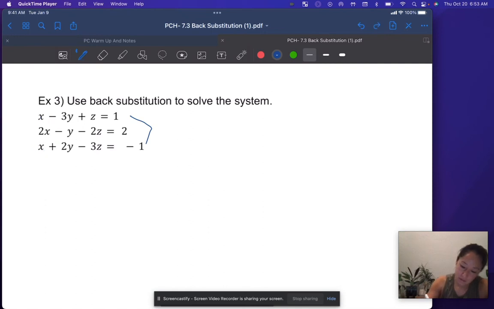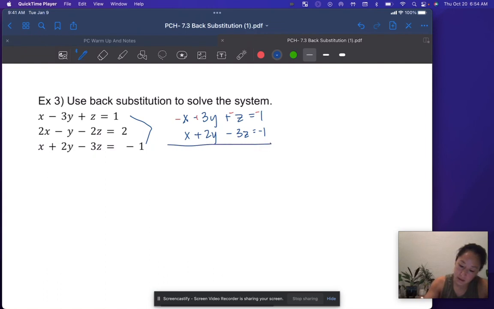Okay, so I'm going to go ahead and write this out. We have x minus 3y plus z is equal to 1, and x plus 2y minus 3z is equal to -1. To use elimination, I'm going to multiply the top equation by -1, which is going to change the signs for all the terms in the top equation.